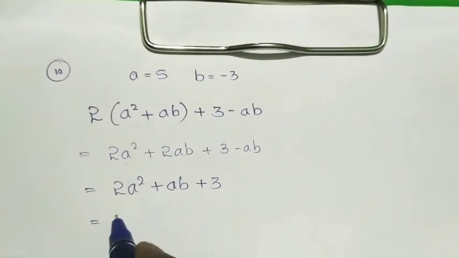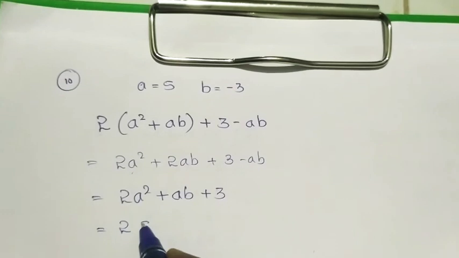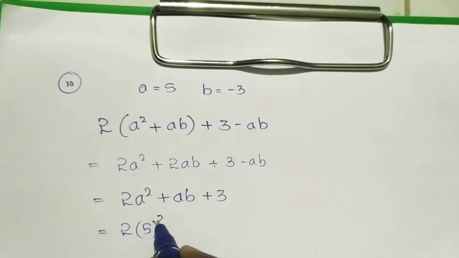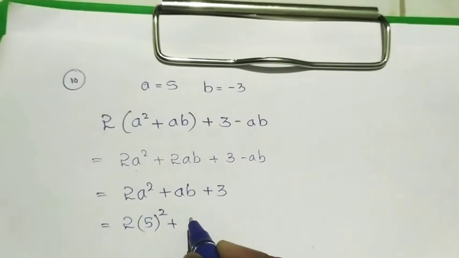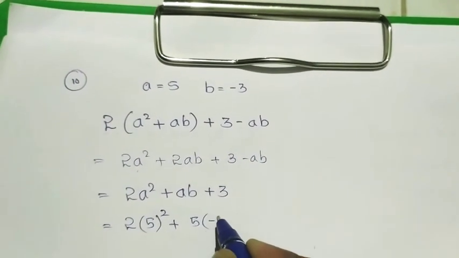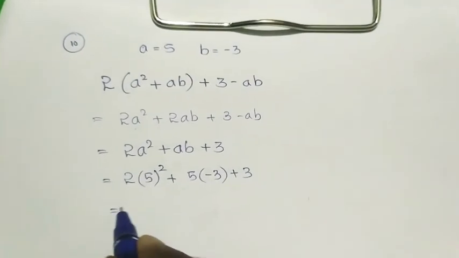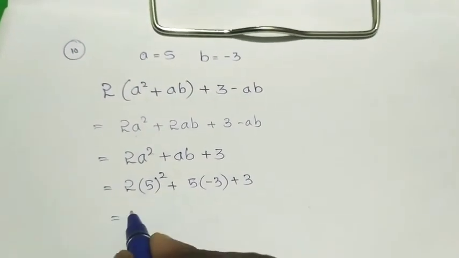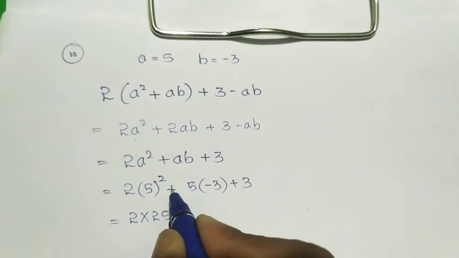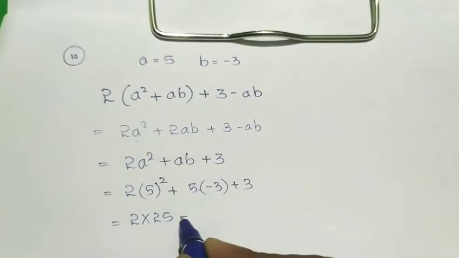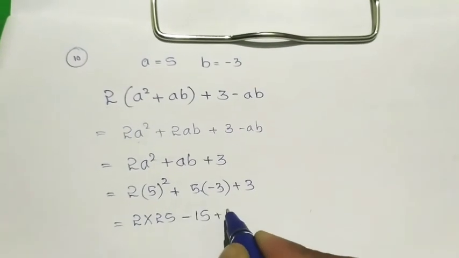Okay, so now put the value of a. How much? 5 is there. So a square gives us 5 square plus ab, that is 5 into minus 3 plus 3. First you open the brackets, 5 square is 25, 2 into 25, and here plus 5 into minus 3, which is plus into minus, minus 5 threes are 15, plus 3.